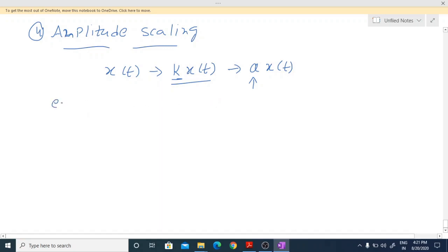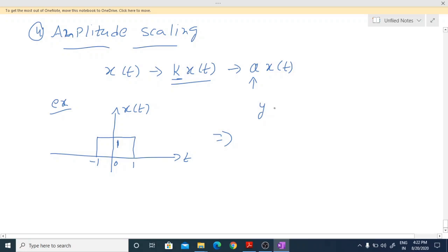Now let us consider an example. Here I consider the x of t signal as a rectangular signal. The t values are minus 1, 0 and the amplitude is 1. Now if I apply the amplitude scaling operation, y of t is equal to 2 into x of t. So what is the a value?